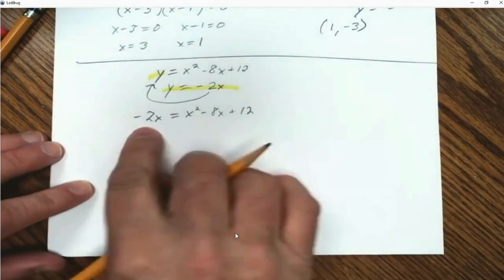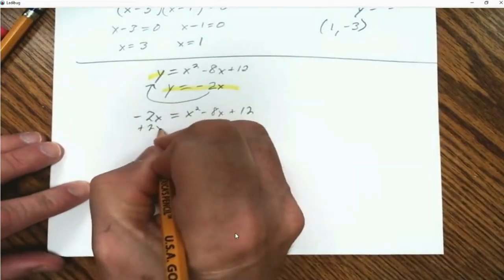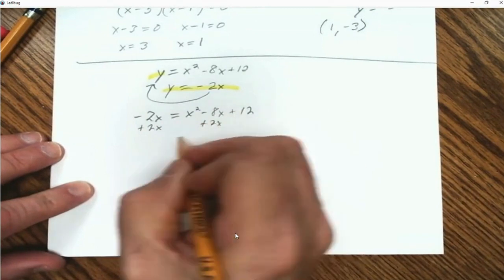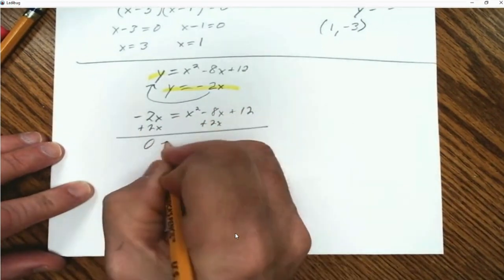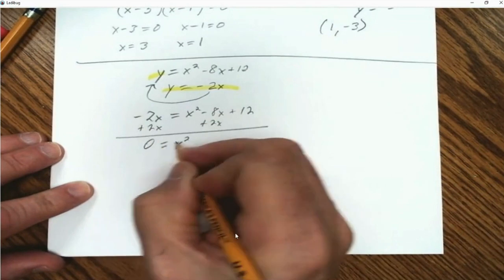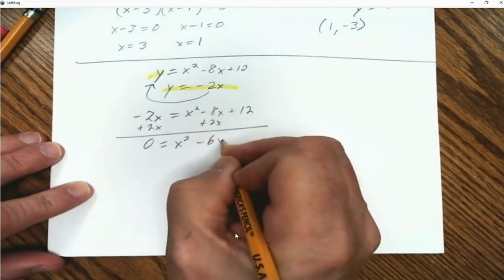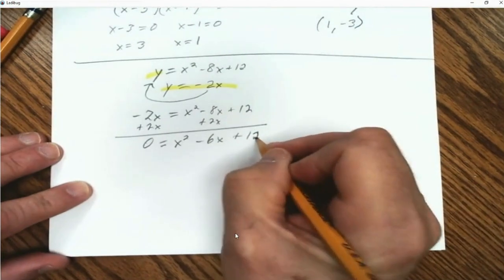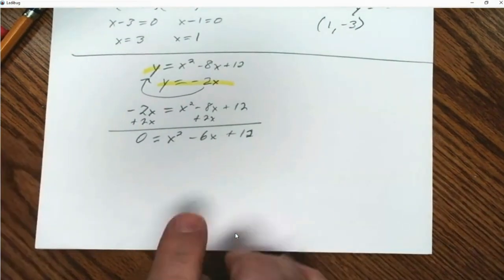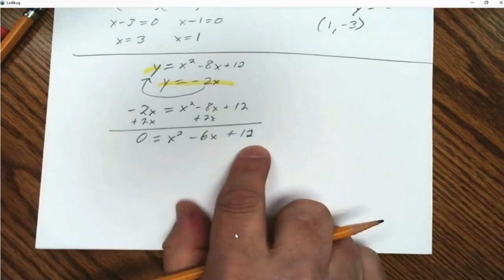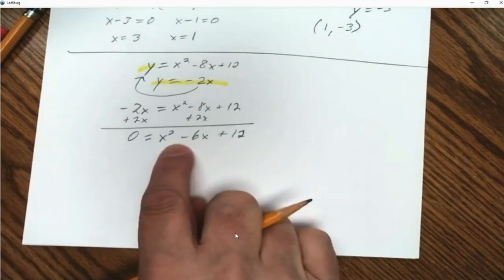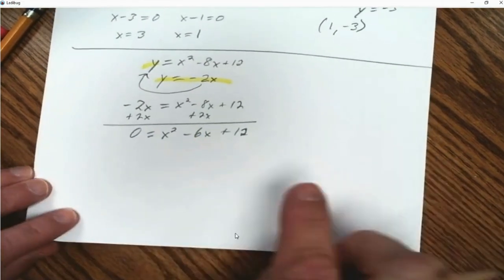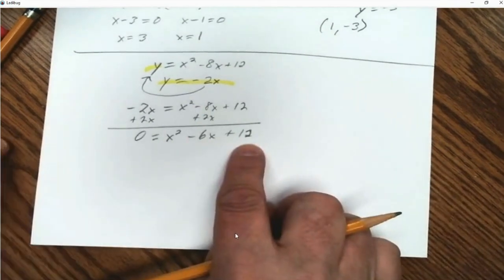Okay, let's solve this for x. Let's add 2x to both sides. 0 equals x squared minus 6x plus 12. Now we need to factor this, or complete the square, or use the quadratic formula, whichever we like.